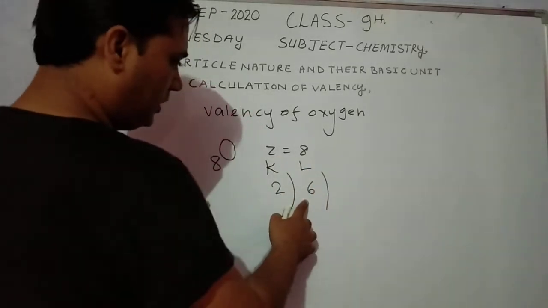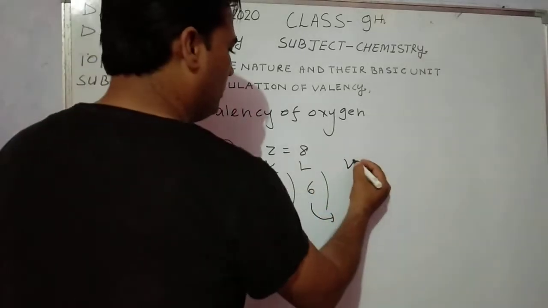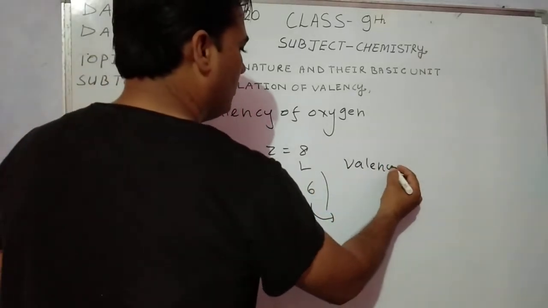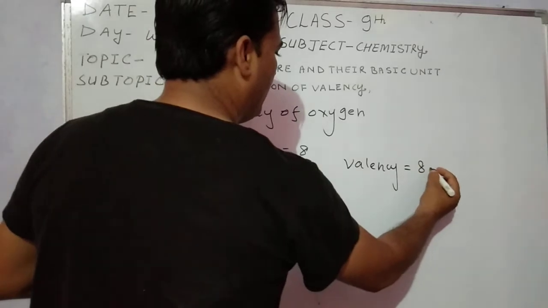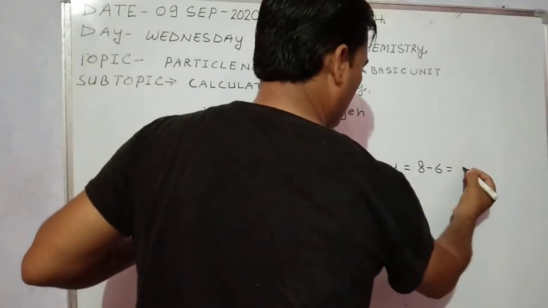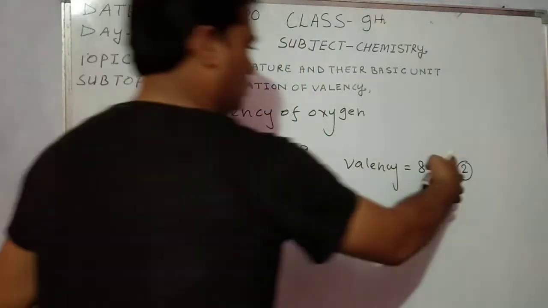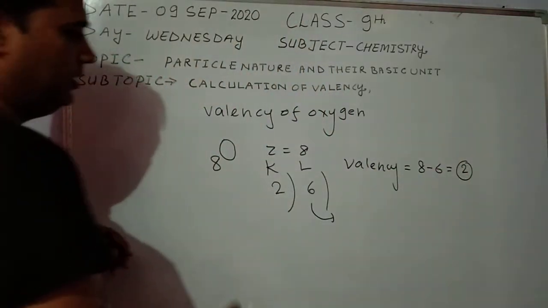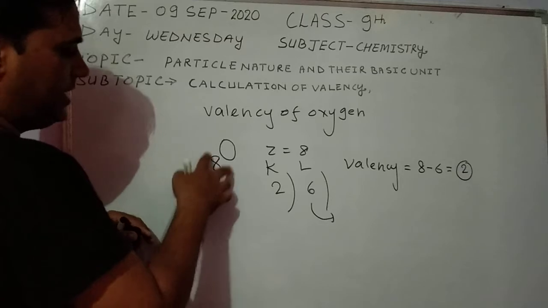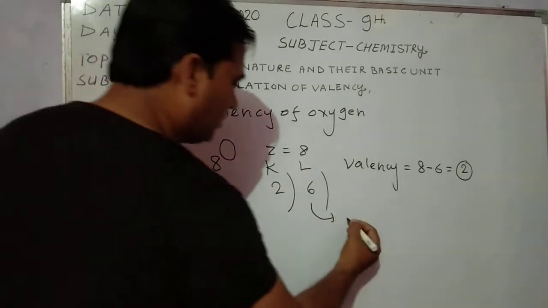If the outermost shell, that is the valence shell, contains more than 4 electrons, then valency is equal to 8 minus 6, that is 2. So the valency of oxygen is 2, because each atom has a tendency to complete its octet.